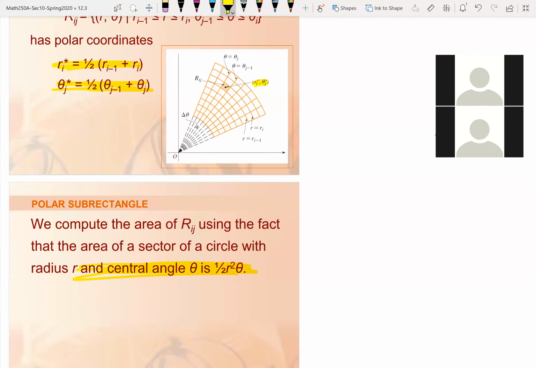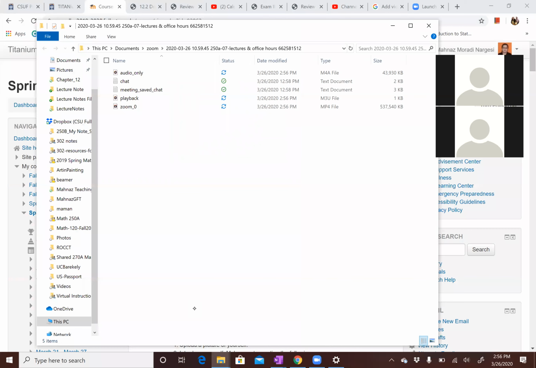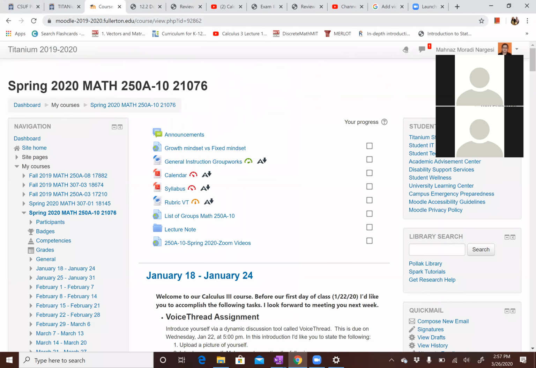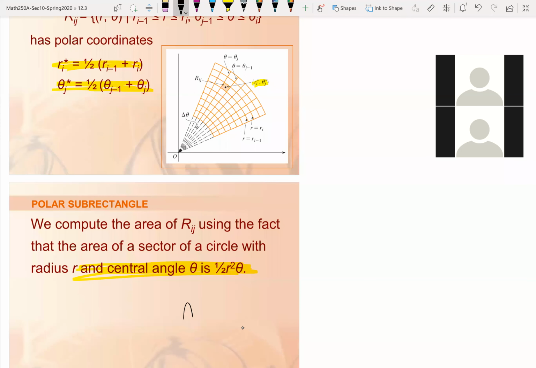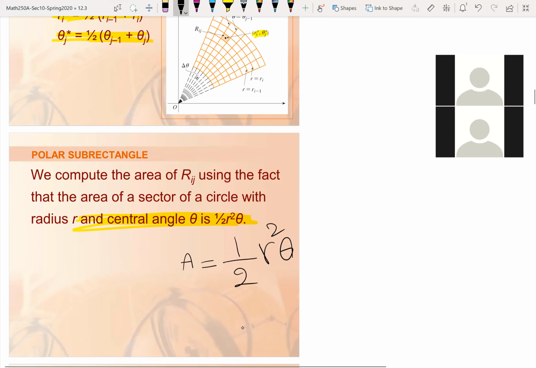If I want to get the area of the sector, the geometry says that should be half of the radius squared times the central angle. If you don't remember what we call a sector, a sector is just this shape.